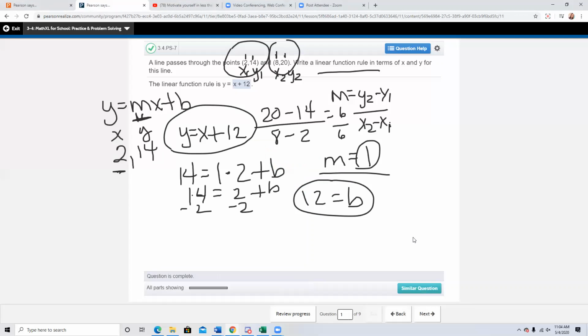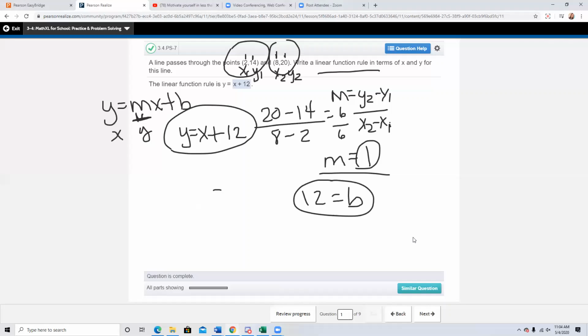Okay, so you can use either one of these points. Say, for instance, you want to use the other point. It is entirely the same. So 8 and 20. This is still your x and y. So 20 equals 8 plus b.